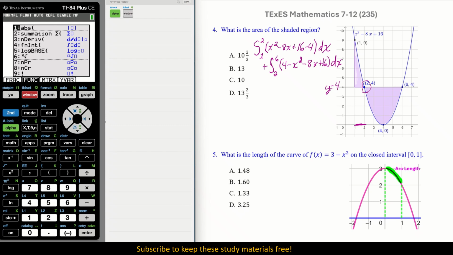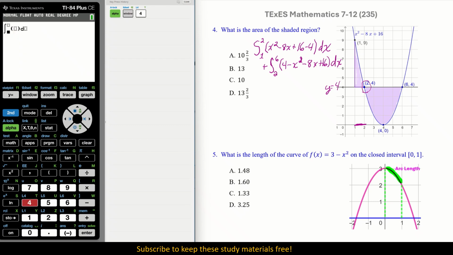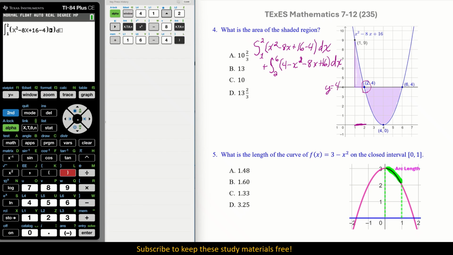So second window, number 4, and I'm starting with 1, going to 2, and I have x squared minus 8x plus 16 minus 4, closing my parentheses.